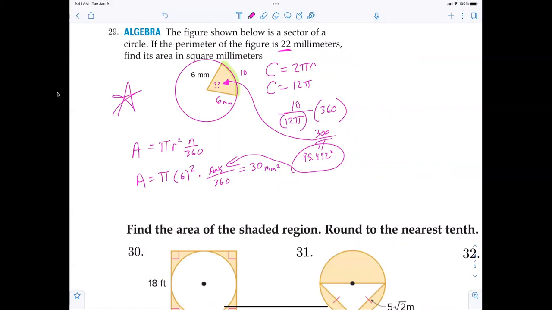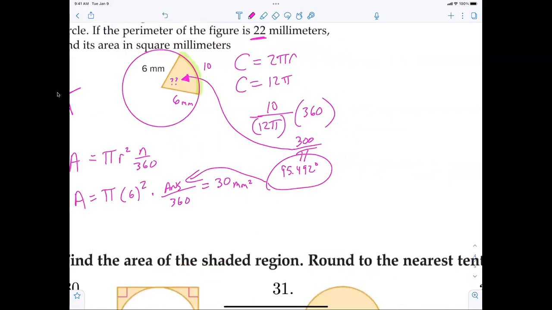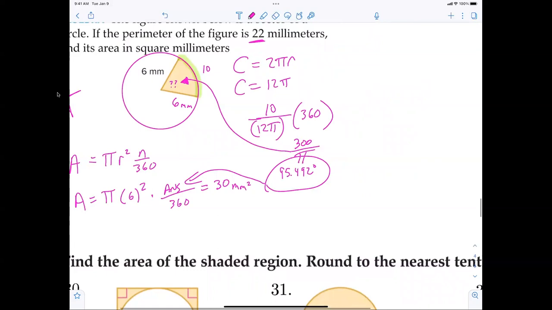So like, how do you know to multiply 10 over 12 pi times 360? Because, and that's a good question, I'm trying to get you to understand that 10 is a fractional part of the whole circumference, correct?